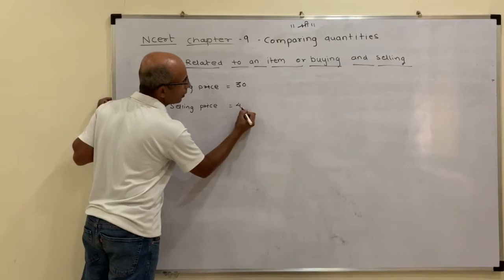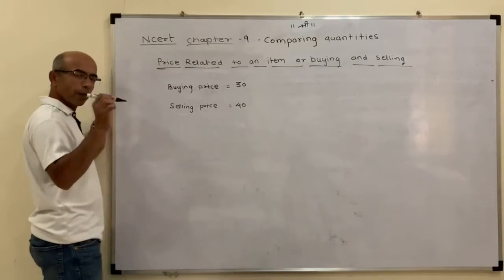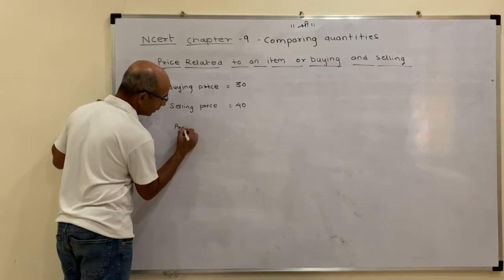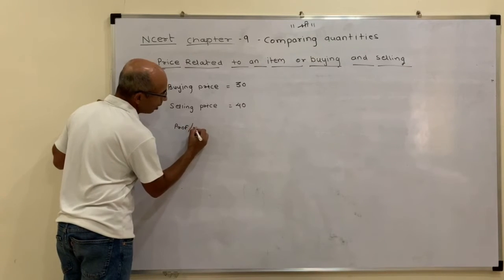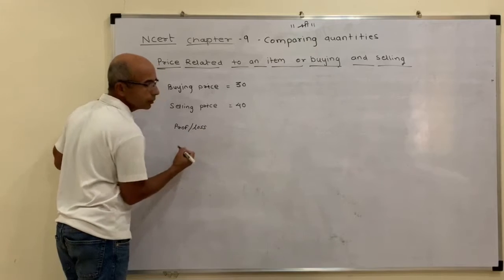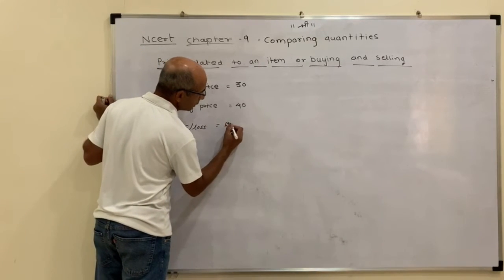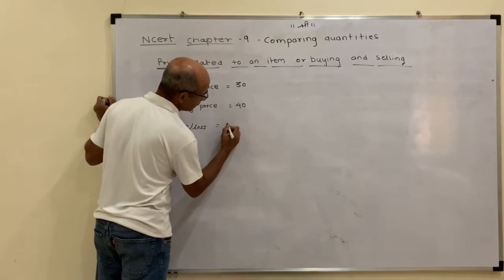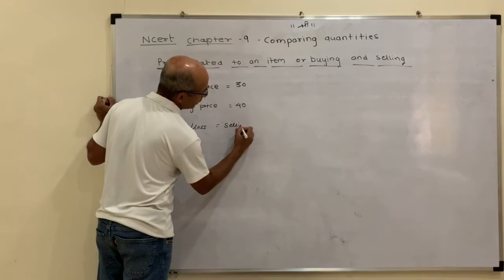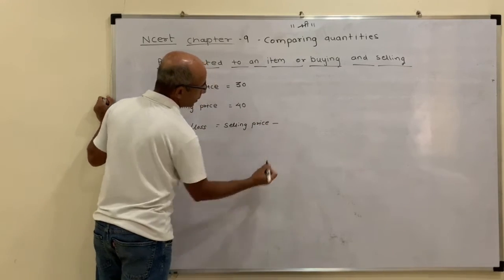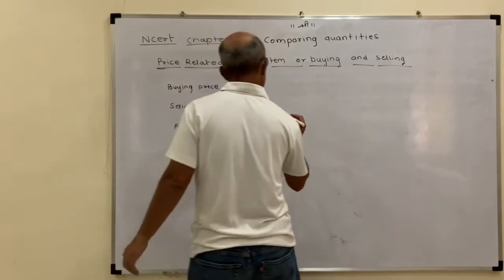I sold it for 40 rupees. Now profit or loss is the selling price minus buying price.